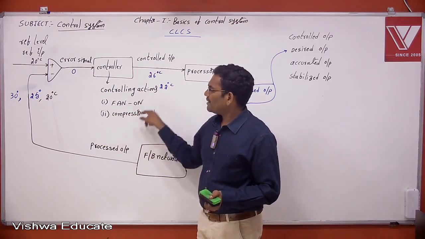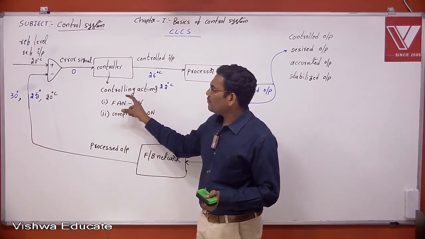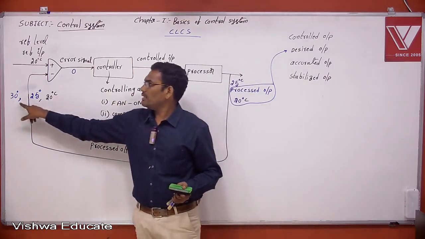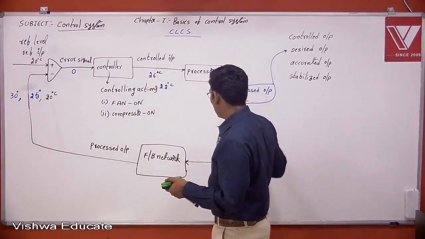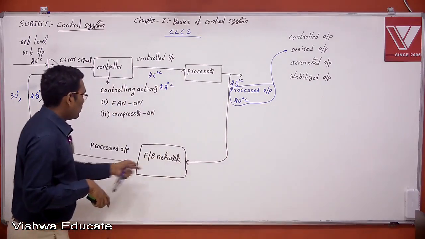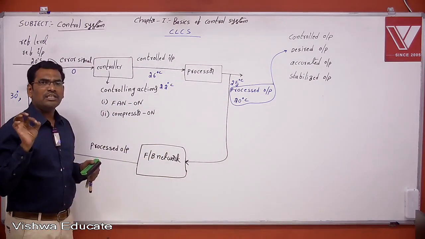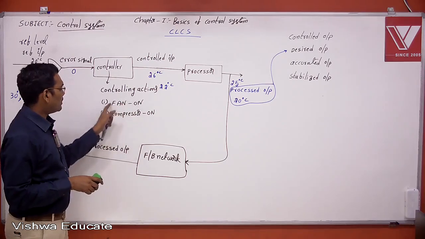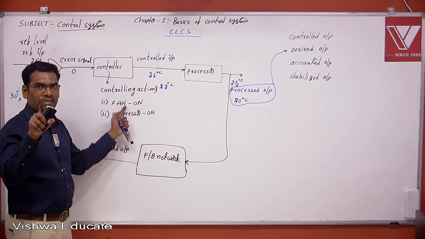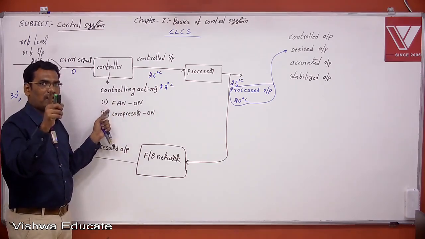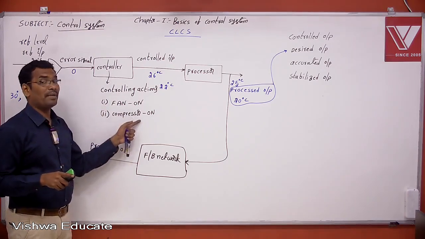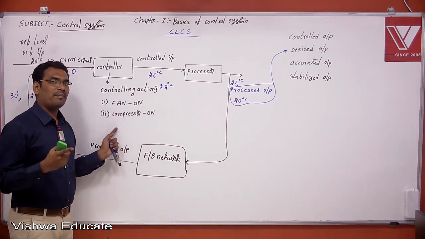Now these controlling actions are completely dependent on the output. This processed output is nothing but the output. Therefore, in this control system, see here, these are the controlling actions. First only the fan is on. First controlling action is only fan on, and the second controlling action is compressor on. After some time the compressor is off.